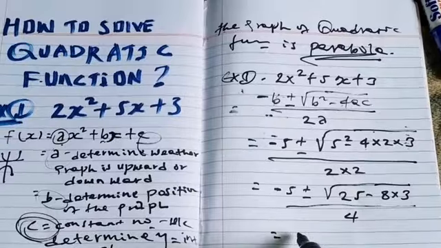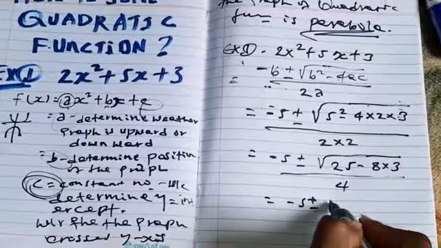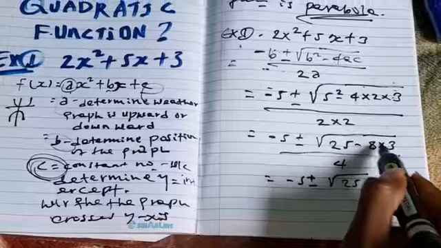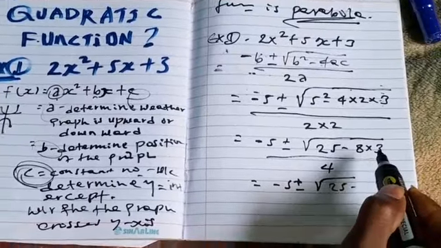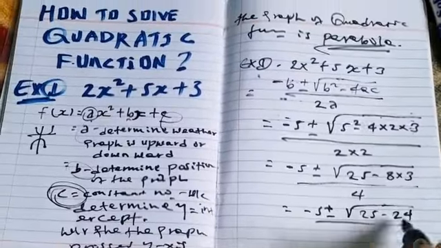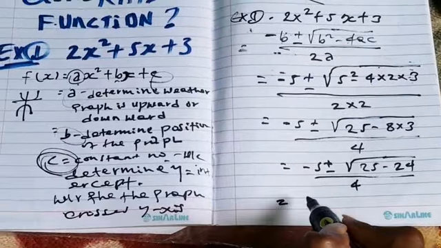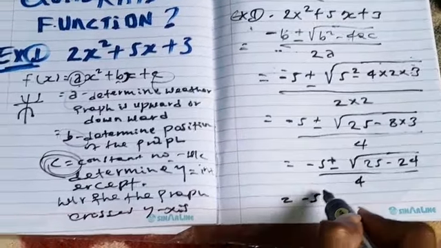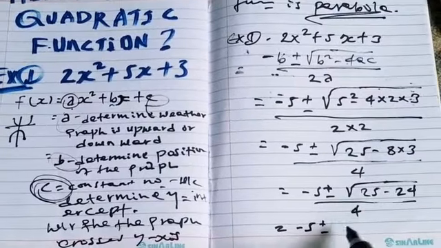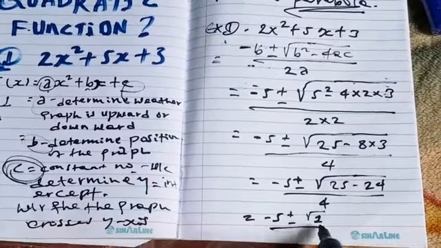Then minus 5 plus or minus the radical of 25 minus 24, over 4. Then minus 5 plus or minus the radical of 25 minus 24, which is the radical of 1, over 4.